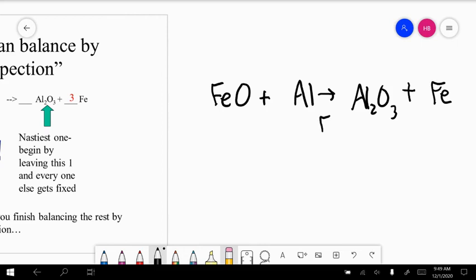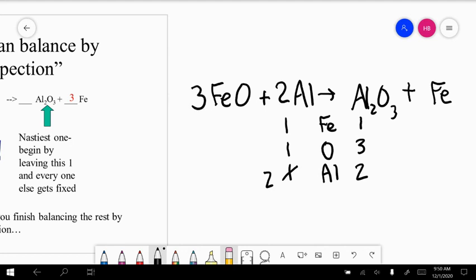So if I did a T-chart, it would look like this. And then I would go through and put a 2 here, a 3 here, and then a 3 here.